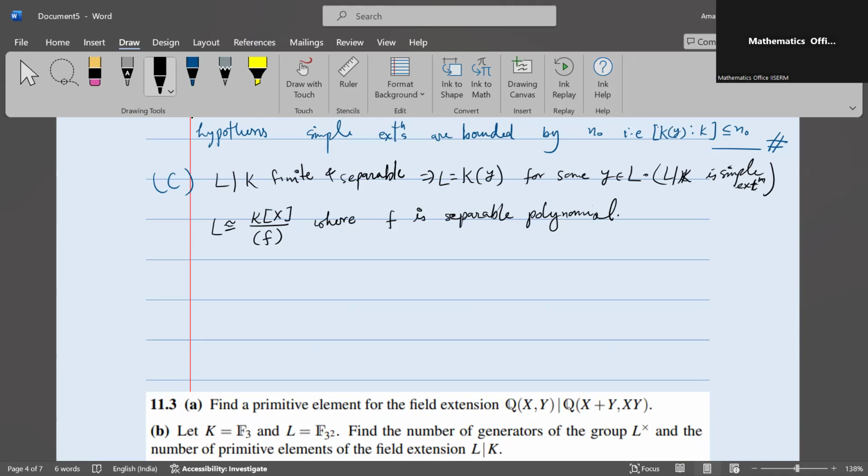Okay. Now what we can see here, it might not be the case that all the roots of f belong to L. The roots which are not in L, we can attach them and we'll get some field extension.